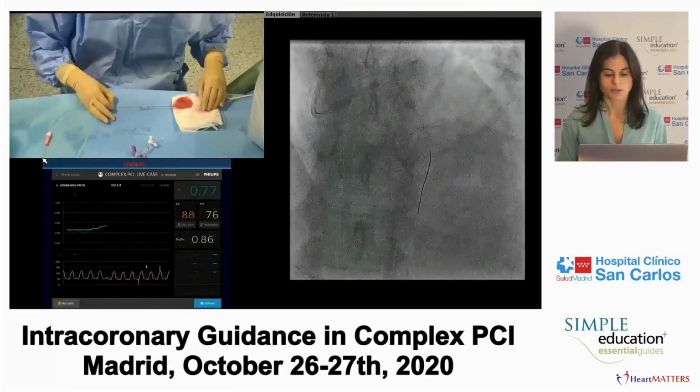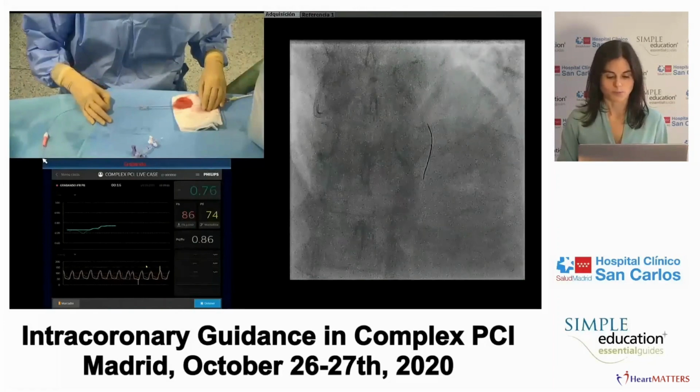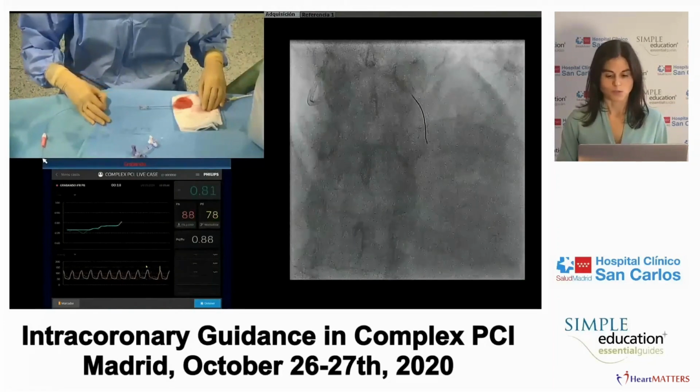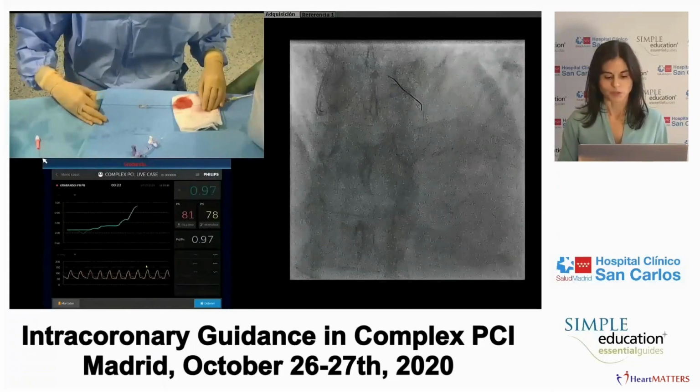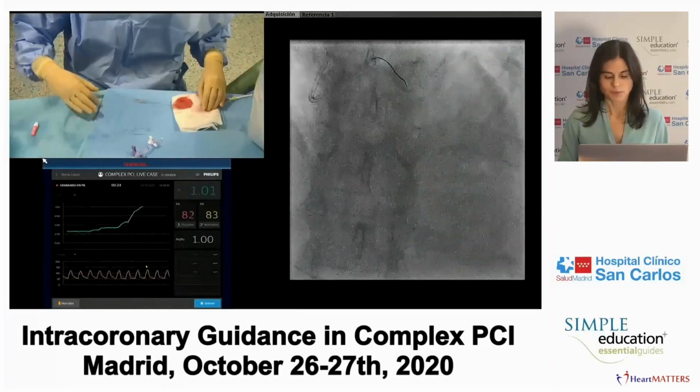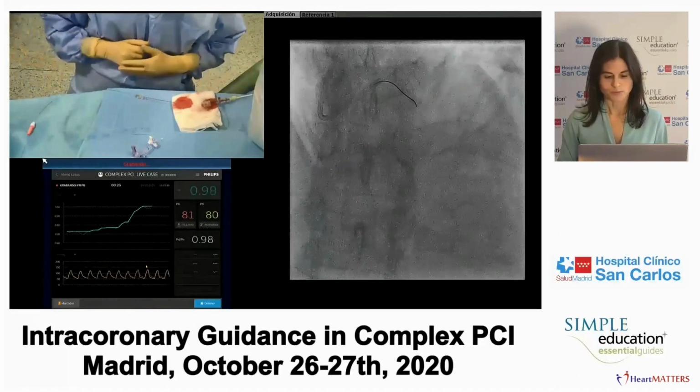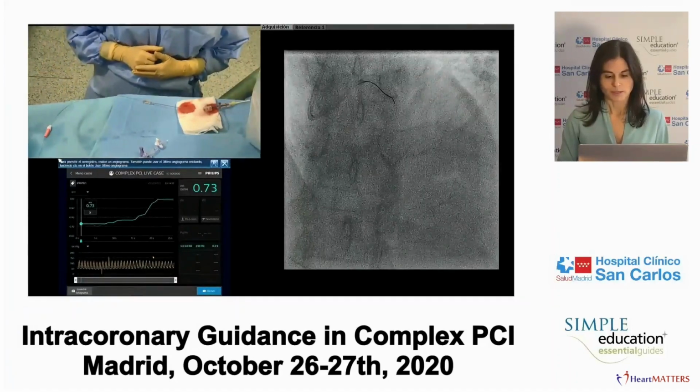This is the pullback. What the next step would be is to try to know where this focal step in the pressure is located, and for that we can co-register the iFR pullback with angiography, and this is what we're doing now.